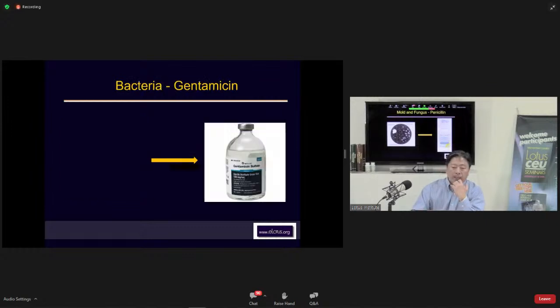Okay. And then this second drug is one called gentamicin. And gentamicin is generally considered to be one of the most powerful antibiotics. Okay, so it is able to kill most of the bacteria out there, but unfortunately, it's also quite toxic. It's most toxic probably to the kidney and also to the ear.